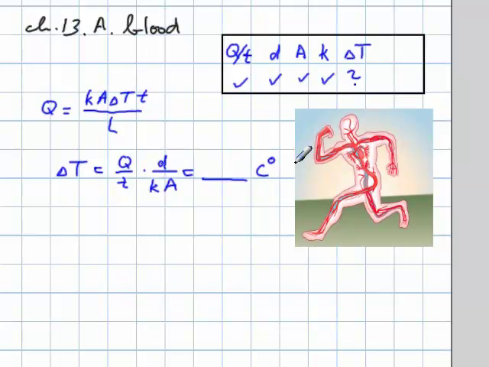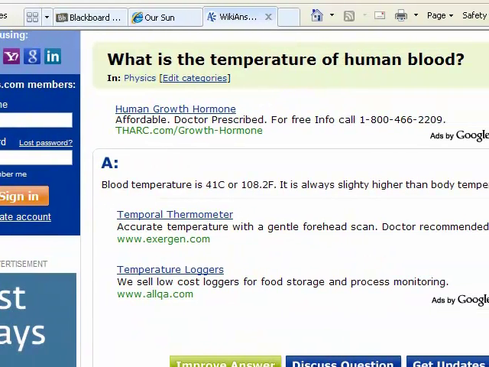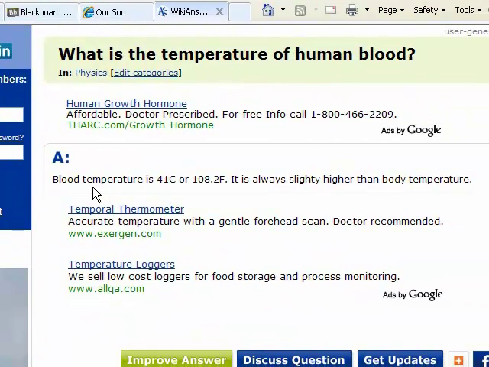and it's going to be in the neighborhood of like 1 to 2 Celsius degrees, and so that's how much warmer the blood is just beneath the skin surface. In fact, this is what I found, just a quick look up. Blood temperature is 41 degrees Celsius, 108 Fahrenheit, always slightly higher than body temperature.